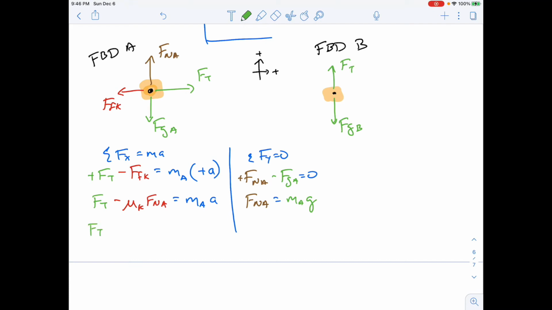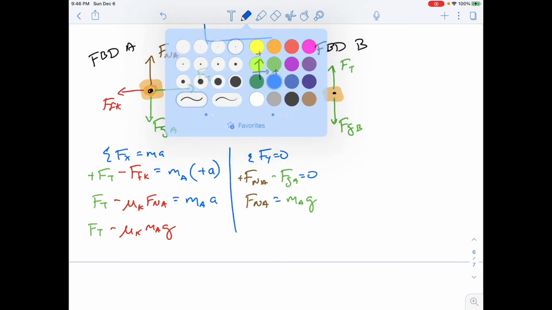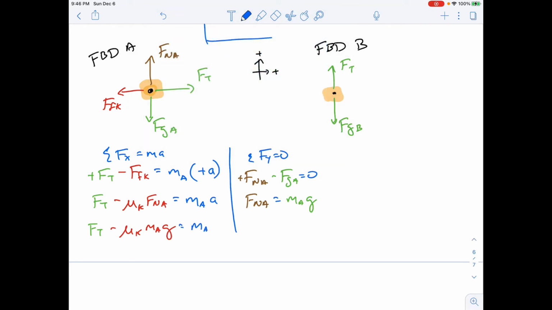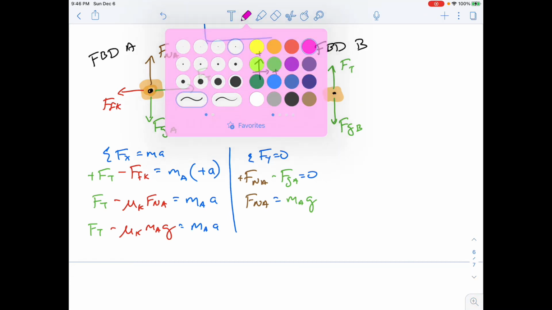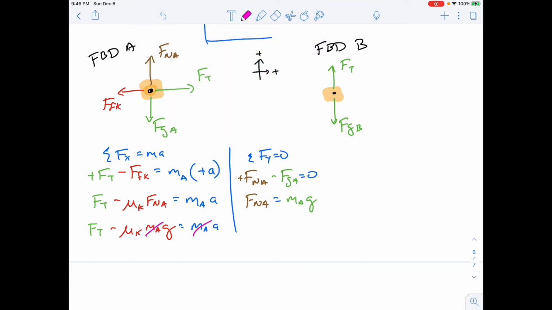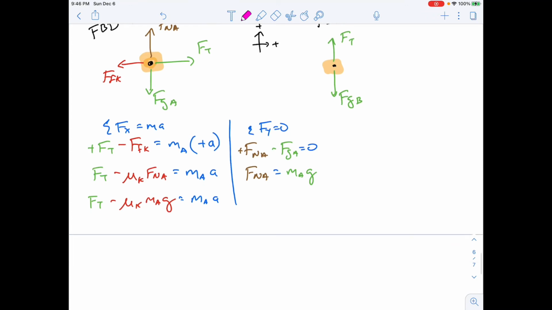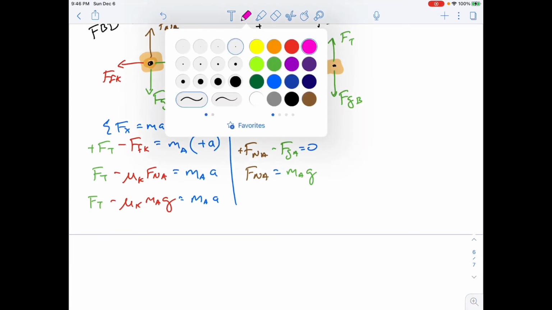You can plug in the numbers if you'd want, but I'm just going to keep it fancy and no numbers just yet. Now, some students here want to say, oh, mass is canceled. They don't cancel, because there's no mass to divide out of the last term, so you can't say that they divide out. Do not do that.